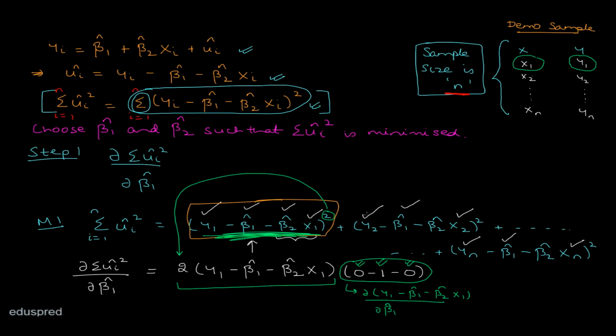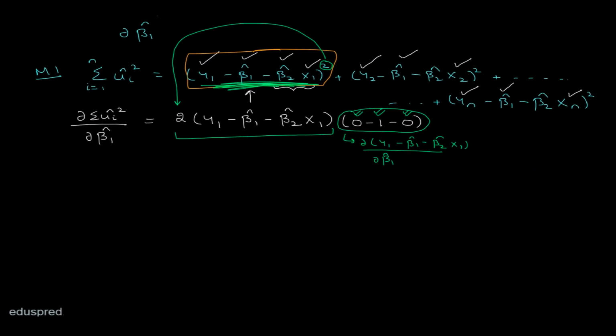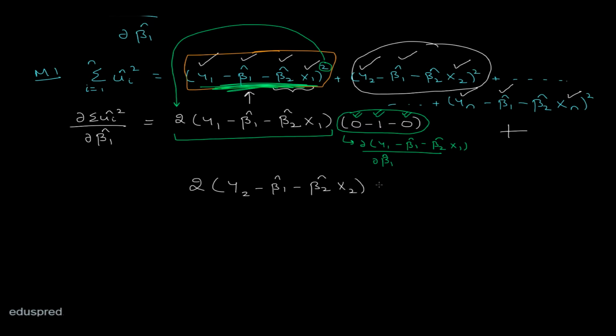Now similarly, we can differentiate the second term, the third term, and so on. So let me create some space to show you that differentiation. If I differentiate the second term with respect to beta 1 hat, I will get 2 multiplied by the term that is inside the bracket, which is y2 minus beta 1 hat minus beta 2 hat x2. And then using the chain rule, we differentiate the term inside the bracket with respect to beta 1 hat.